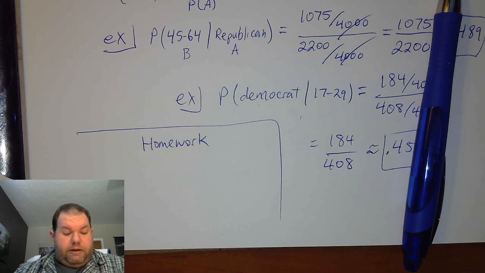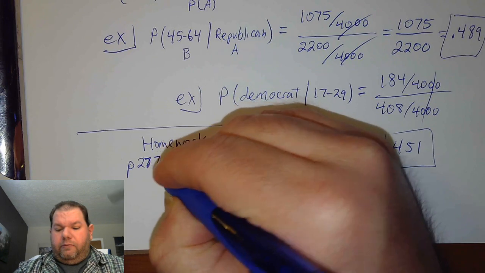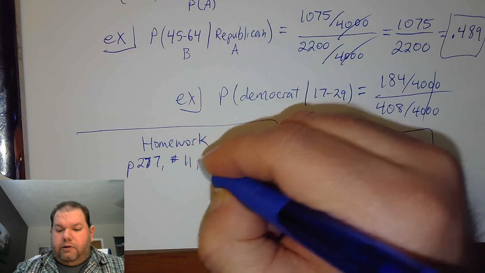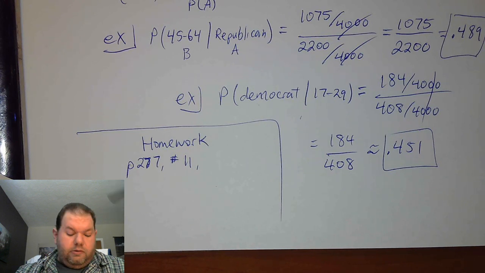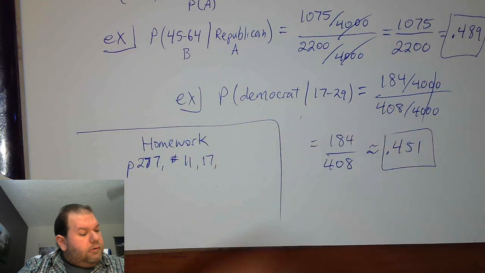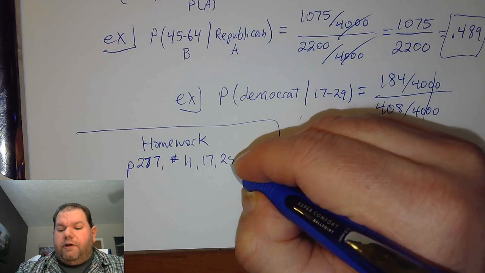So first of all, on page 277, look at 11, 17, and 25.